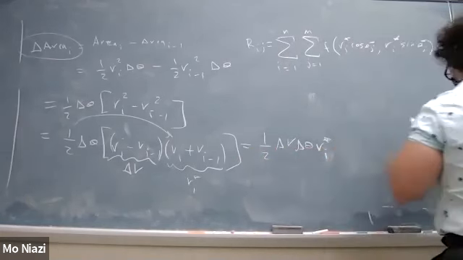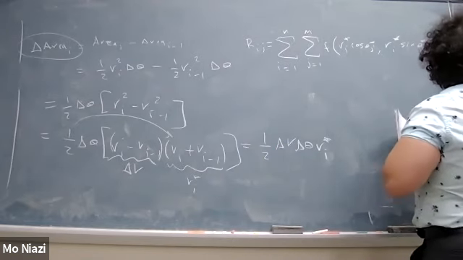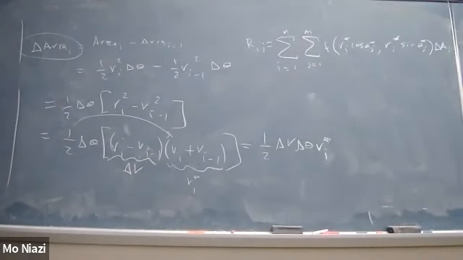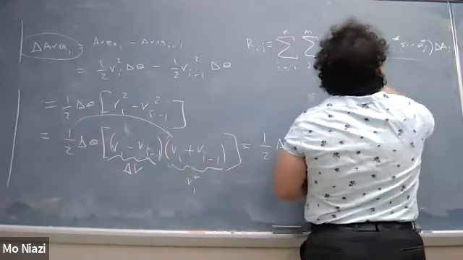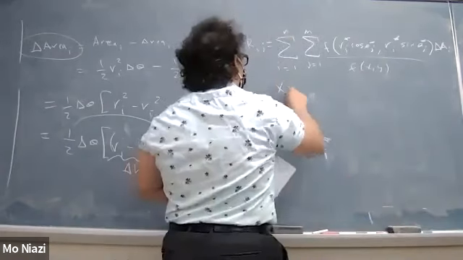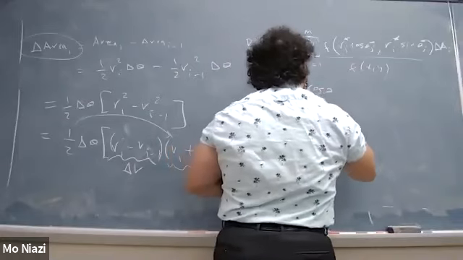Okay. Times this differential area, not differential yet, just the delta area. We will turn it into a differential soon. Where did this come from? This comes from f of x y. But the transformation equation is x is equal to r cosine of theta, y is equal to r sine of theta.